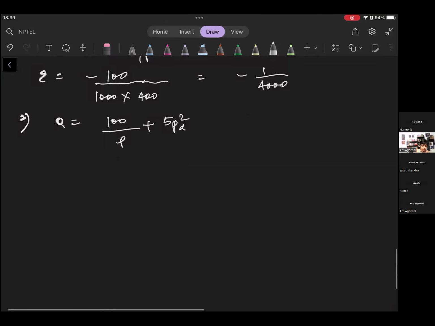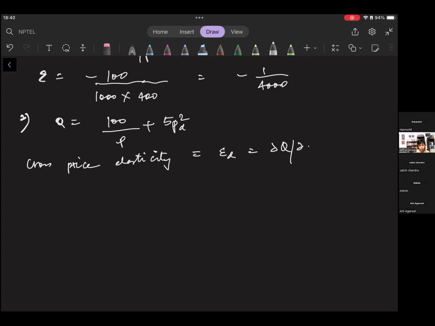So cross price elasticity will be with respect to PD, and this is going to be del q by del PD upon q by PD. It's the same formula. We're just taking the partial derivative upon q by PD.